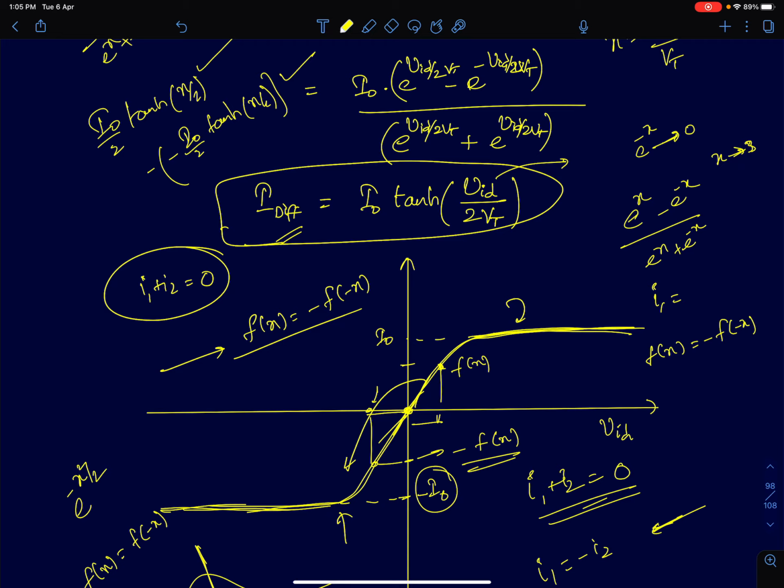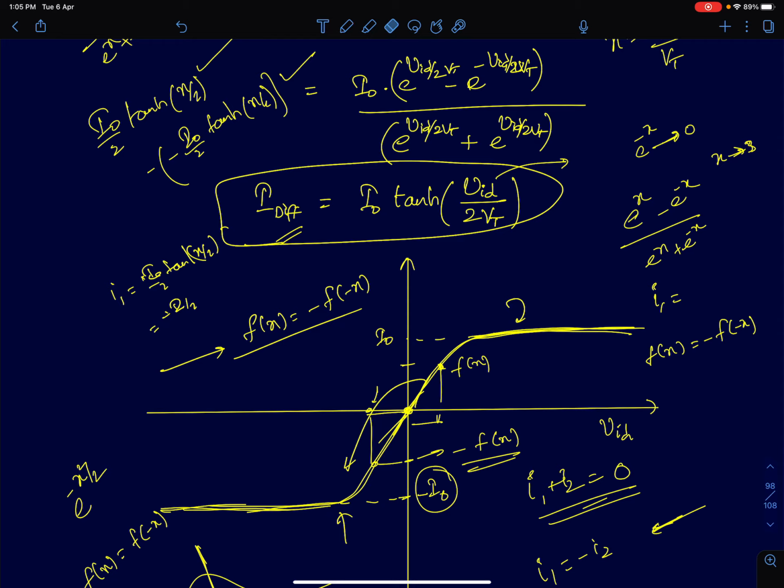So now what we are seeing here is that both I1 and I2 individually happen to be tanh functions. So I1 was I0 by 2 tanh of x by 2 and I2 was minus I0 by 2 tanh of x by 2. So what we observe here is that both I1 and I2 are odd functions of Vi.